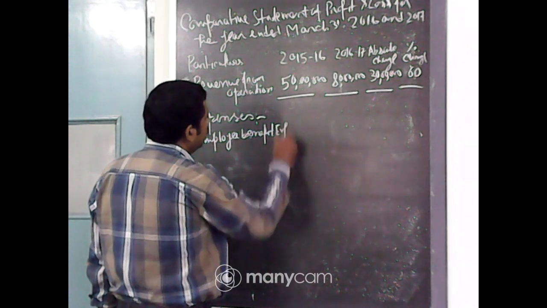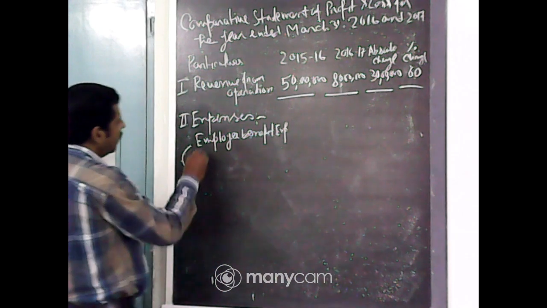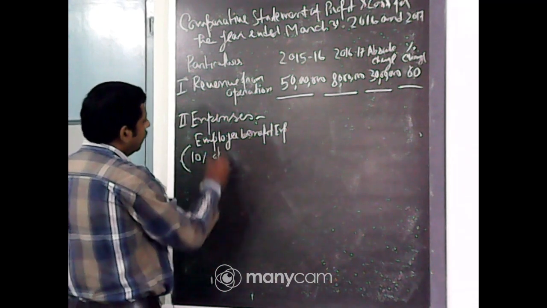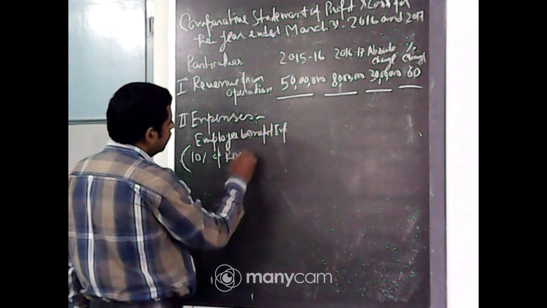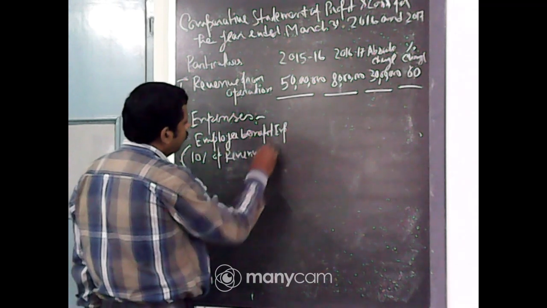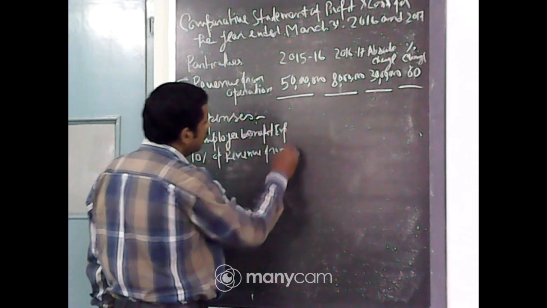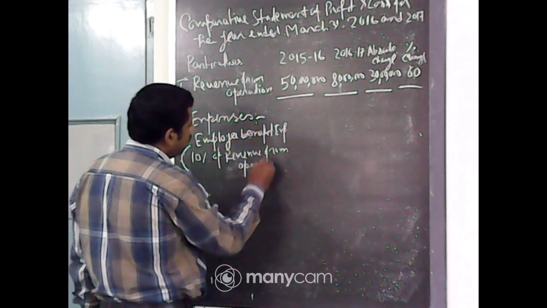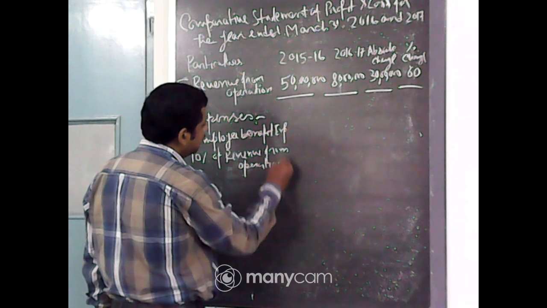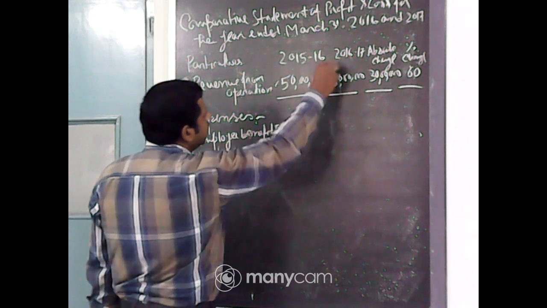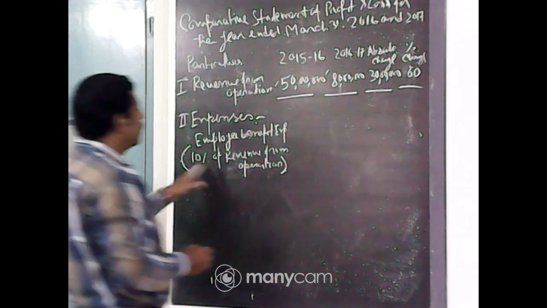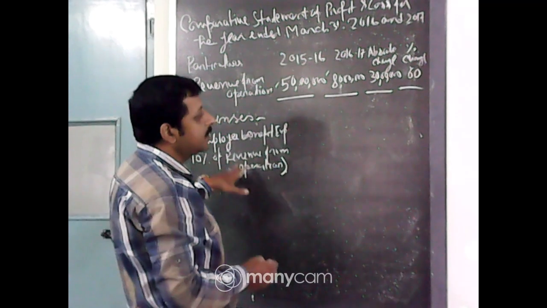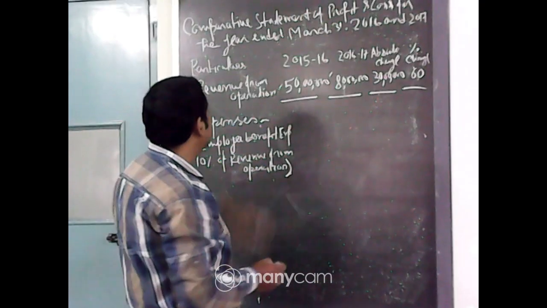And what is the employee benefit expense? They say 10% of revenue from operation will be your employee benefit expenses. Okay. Now what is revenue from operation in this example? That is 50 lakh and 80 lakh. So you have to take 10% of this. That will be the employee benefit expense.